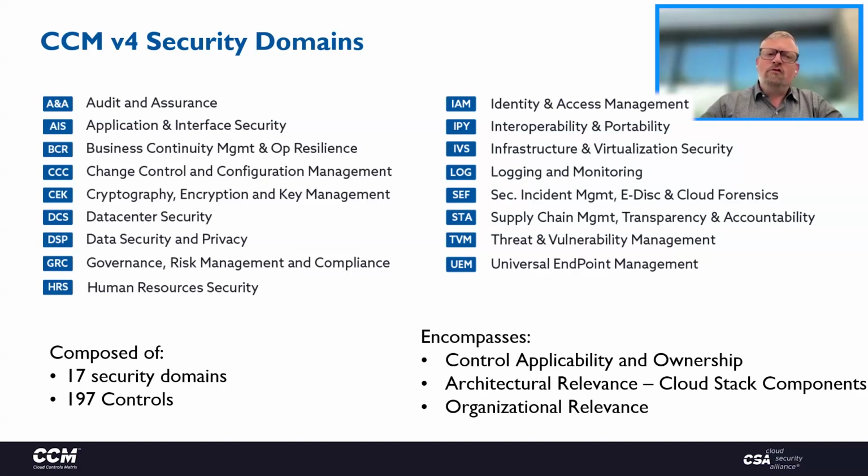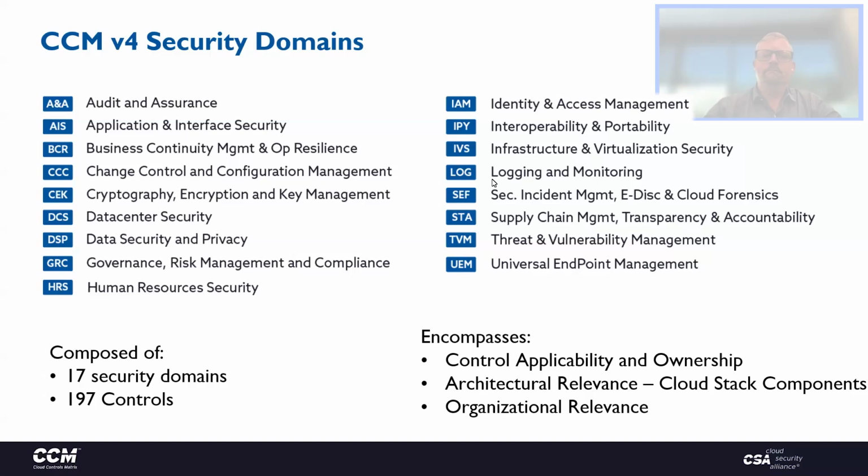And if you look at the 17 separate domains, you'll see they're organized alphabetically, but they cover every aspect that needs to be considered from a cybersecurity, trust, and risk perspective, across people, process, and technology. Today, specifically, we're going to be talking about threat and vulnerability management. And for that portion of this presentation, I'd like to hand over to John.